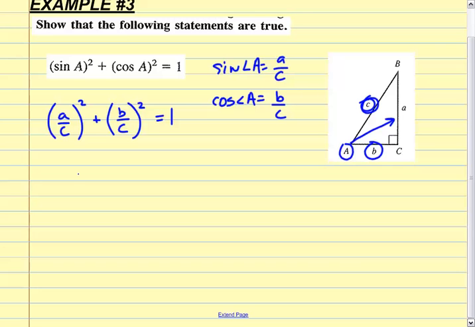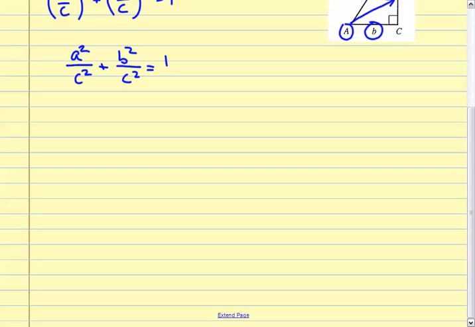All right, so this is going to give us A squared over C squared plus B squared over C squared is equal to 1. Okay, wait a minute. Now let's put these two together because they have a common denominator, right? So A squared plus B squared all over C squared is equal to 1.